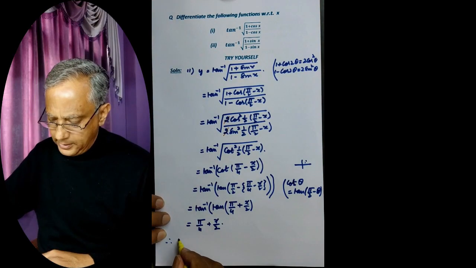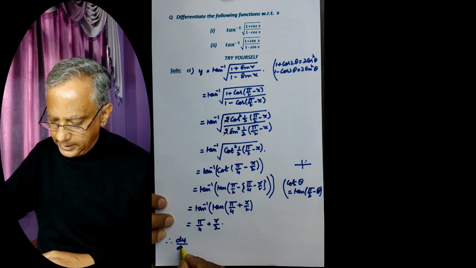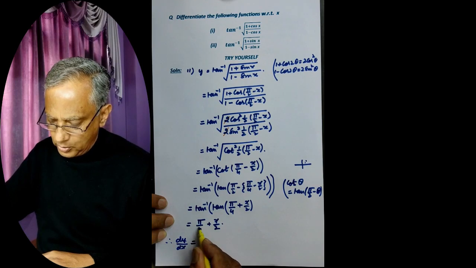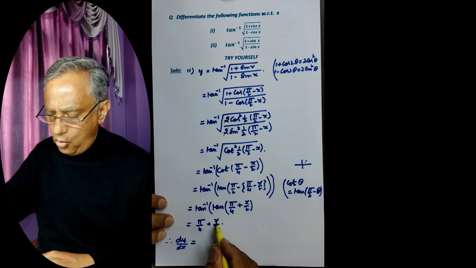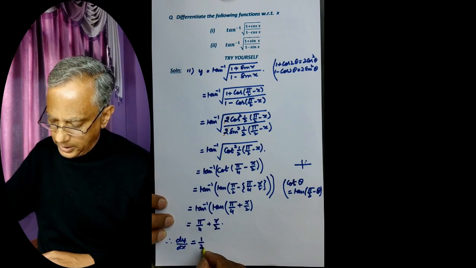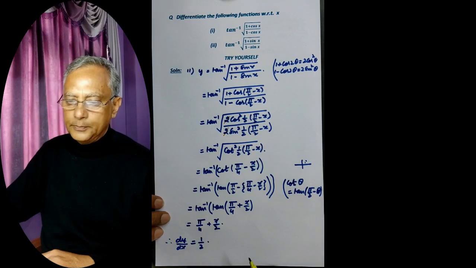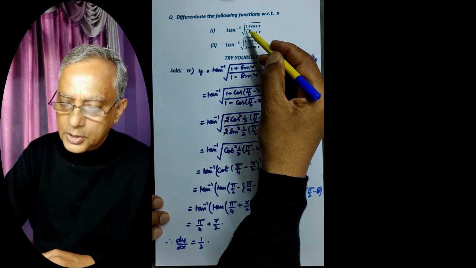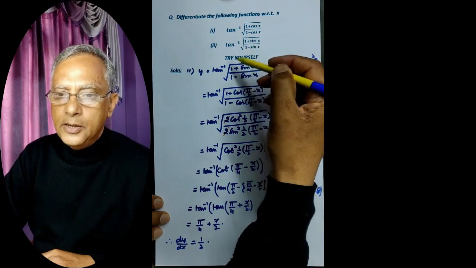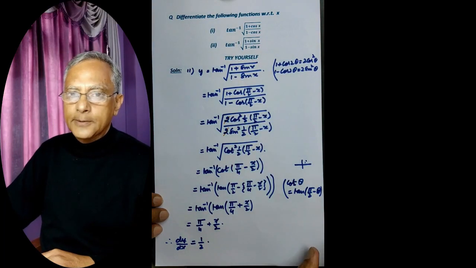And therefore dy by dx is equal to, this is differential of this is 0 and differential of this will be 1 by 2. And this question you can try yourself on similar lines.